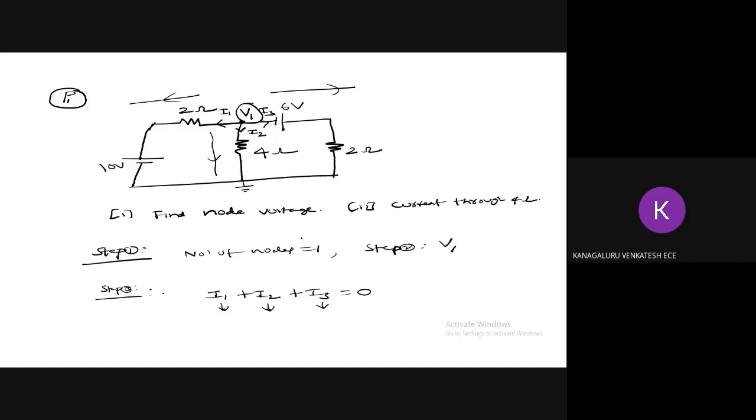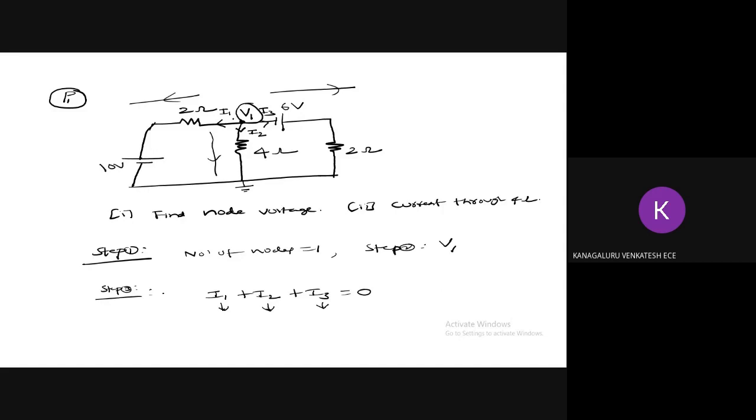Is it possible to write the branch currents in terms of node voltage? We'll try. If I do that, I can find V1. My aim is to find V1, so I'll use Ohm's law and convert all currents in terms of the node voltage.